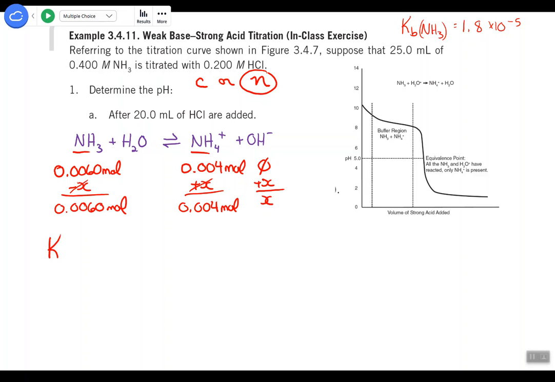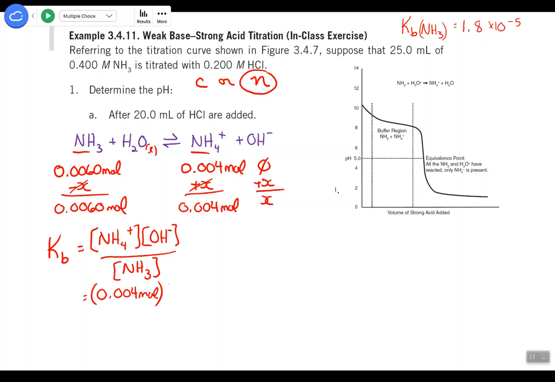So I can now analyze my Kb expression and solve for the concentration of hydroxide. And we remember that's products over reactants to the power of their coefficients. Water is a liquid, so it doesn't show up. We can get away with using moles instead of concentration units because it's a buffer.